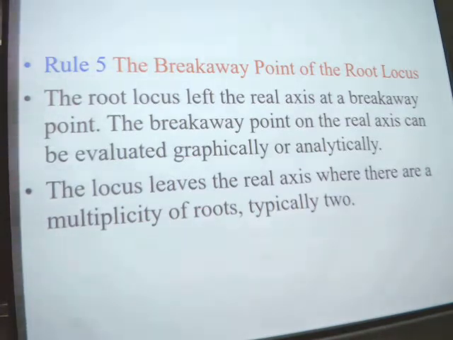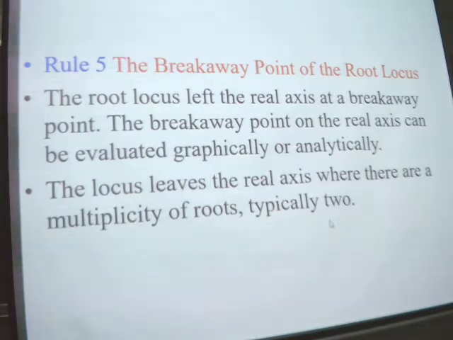The fifth rule is the breakaway point of the root locus. The root locus leaves the real axis at a breakaway point. The breakaway point on the real axis can be evaluated graphically or analytically. Look near the real axis where there is a multiplicity of roots, typically 2.